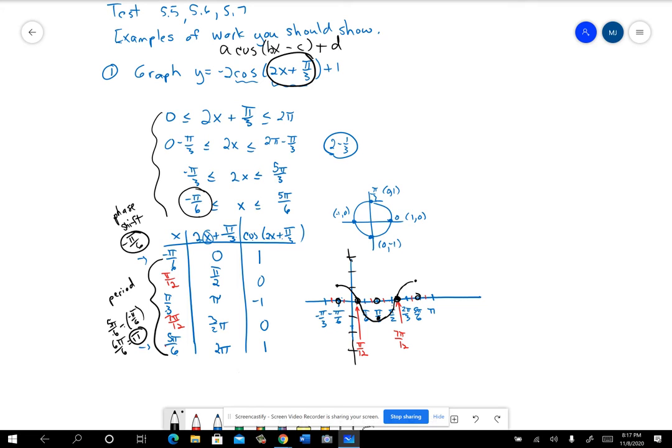Now, an alternative, easy way to do period, the period does come from the B value. You take your old period and you divide by B. The old period divided by 2 would give you a pi as well. Okay. And for the phase shift, you can do the phase shift, but you have to be kind of careful, especially when they give you a plus to start with. Okay.